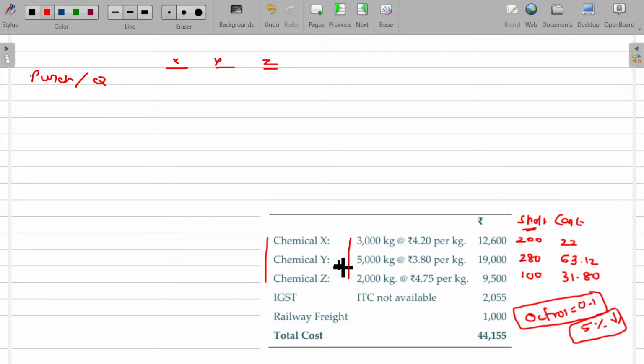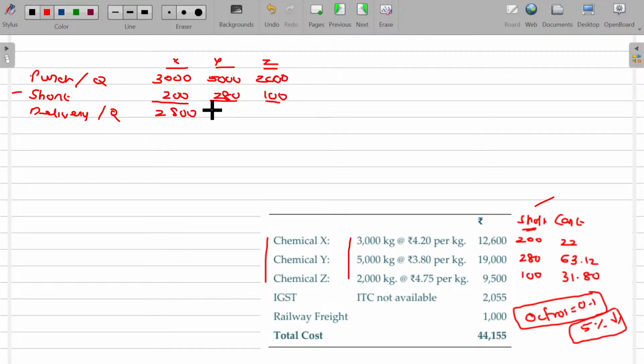How many quantities purchased? 3,000, 5,000, 2,000. While it is delivered at Ahmedabad, shortage happened: 200 for X, 280 for Y, 100 for Z. This is the quantity delivered.